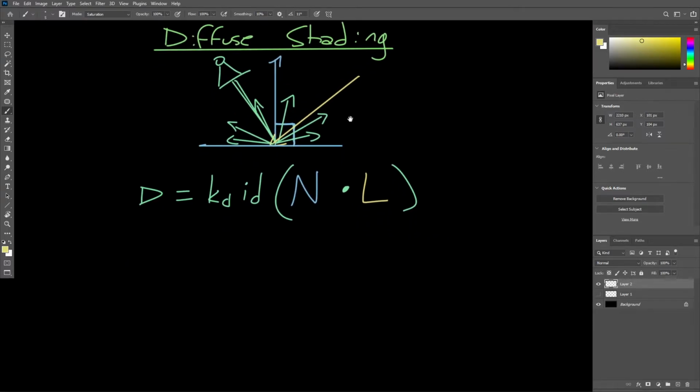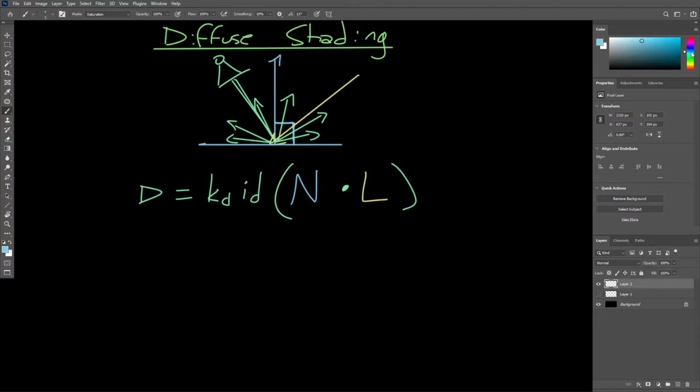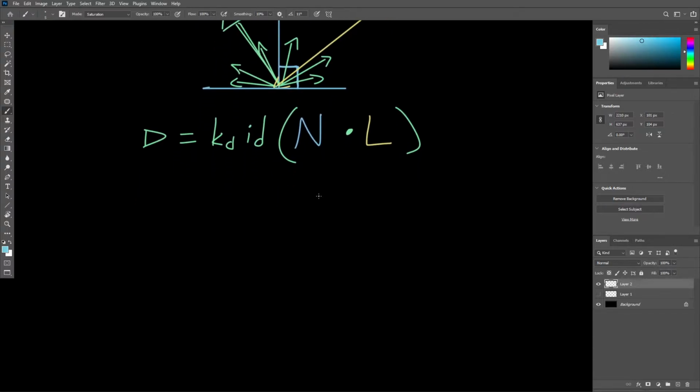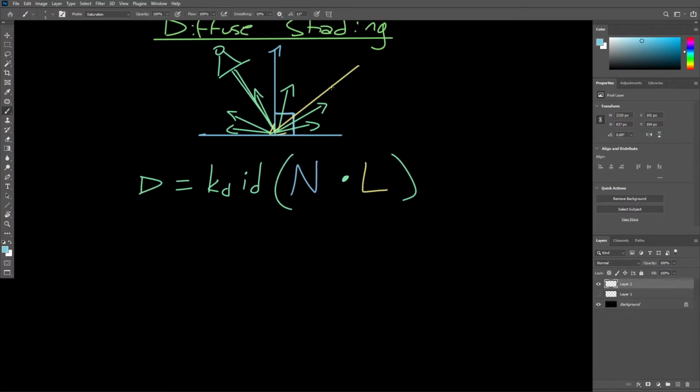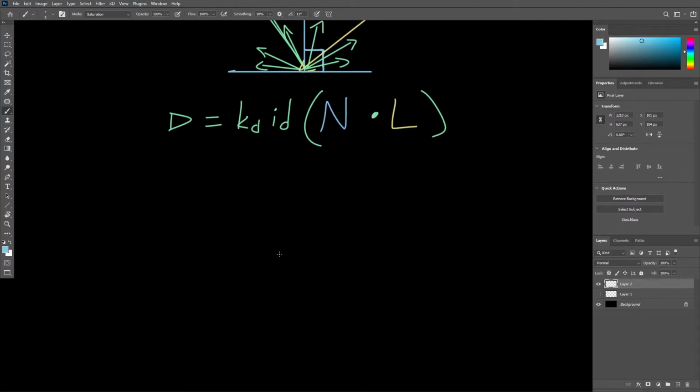Well, if we just draw out another little example here and think through what the dot product gives us, what that scalar product between two vectors actually means, we can start to see how this makes sense, right? Let's just consider a few scenarios here. Here's our surface.